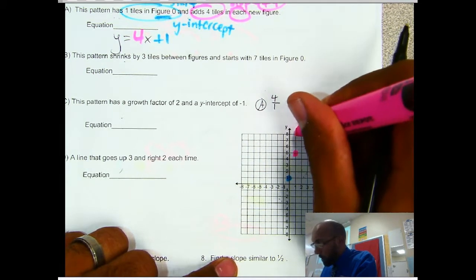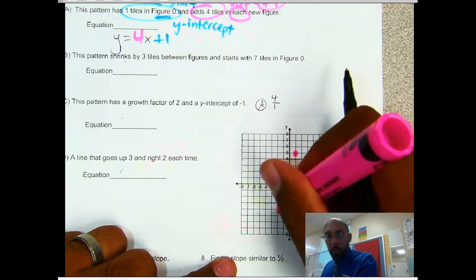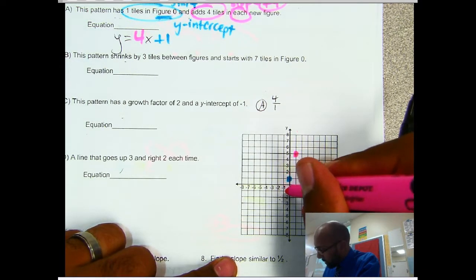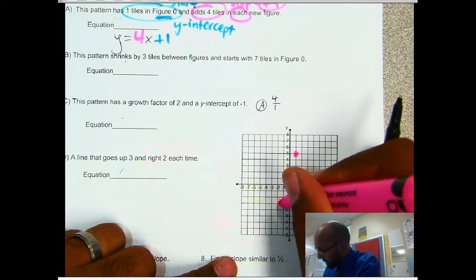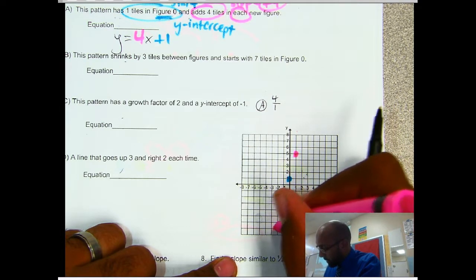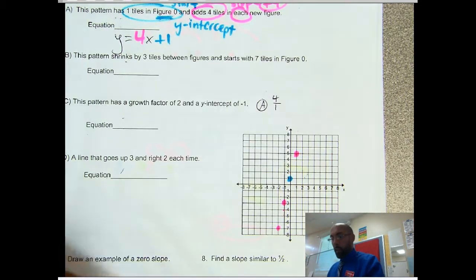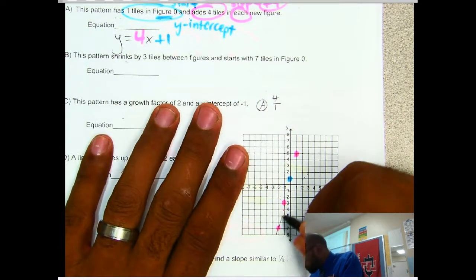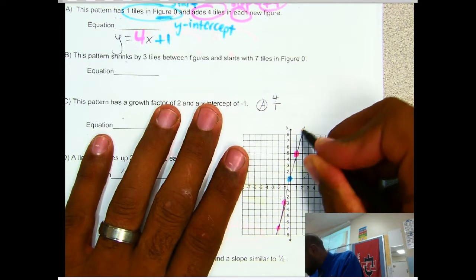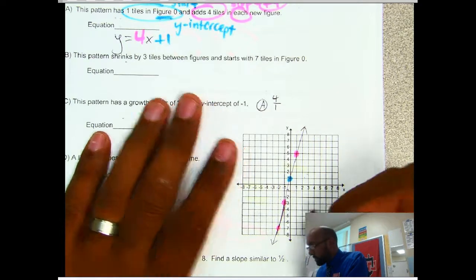Now I can't go up 4 again, so I want to make points going down the other way. So I start here and I go down, 1, 2, 3, 4, then left. And again, 1, 2, 3, 4, then left, and then that's it. Now I make my line. Try to make it nice and straight as much as you can, and don't forget arrows on the end.